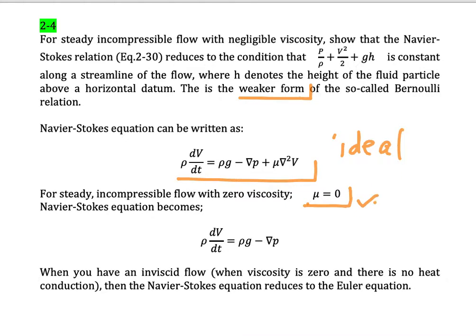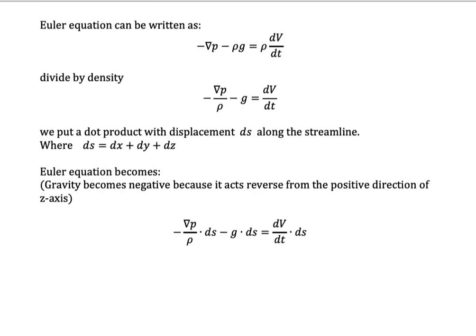And then we can neglect the value of this term. So the Navier-Stokes equation now can be written as this one. Because we don't have mu, we call it the Euler equation.